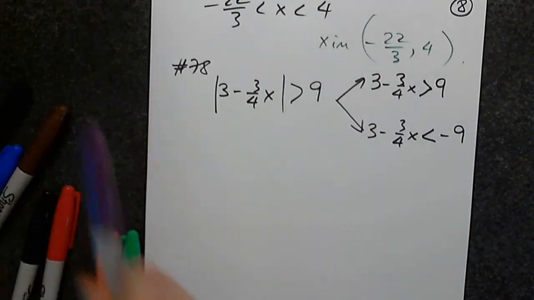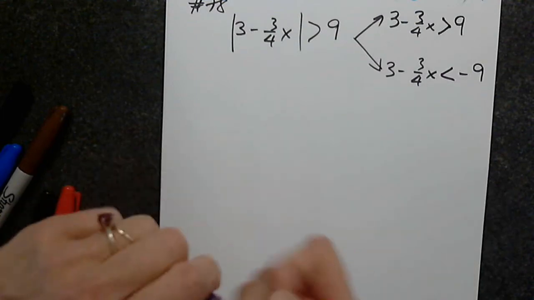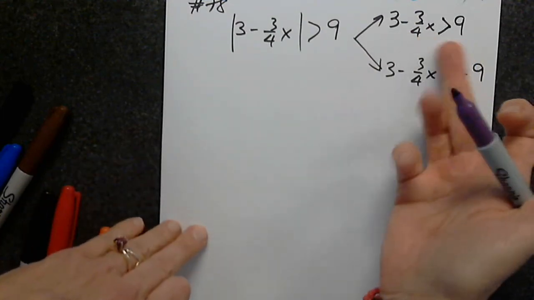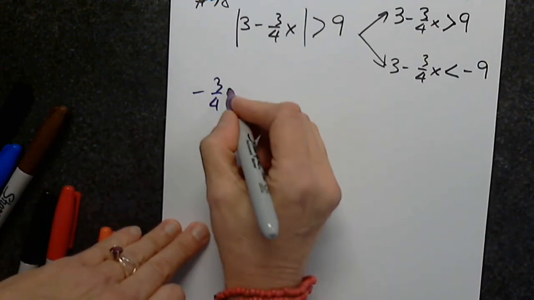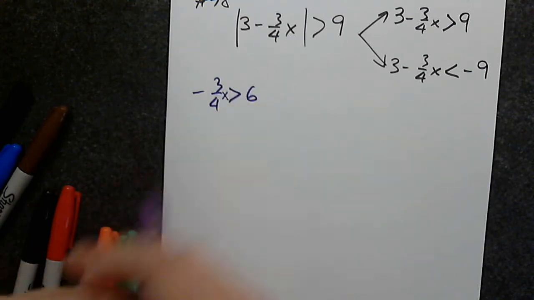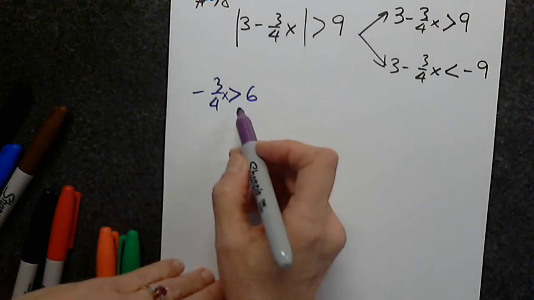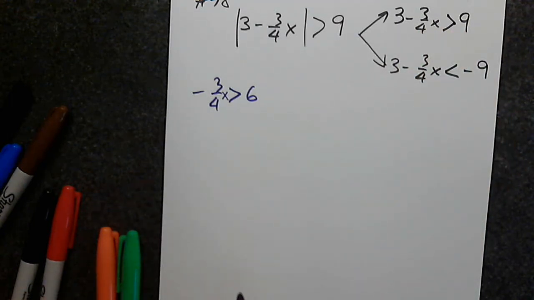So now, next step. I'm going to take this aside after I subtract 3 from both sides. Negative 3/4 x greater than 6. I subtracted 3 from both sides. What do I do next? Multiply by 4. You can. It's fine. You can do it in 2 steps. I would like to do it in 1 step.